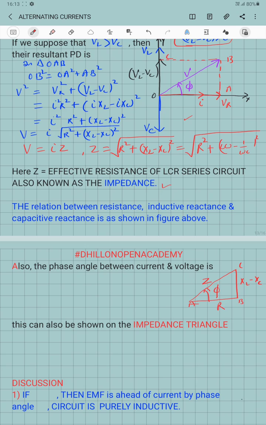Now we want to find out the phase angle between the current and the voltage. In order to find it, we again take a look at triangle OAB.